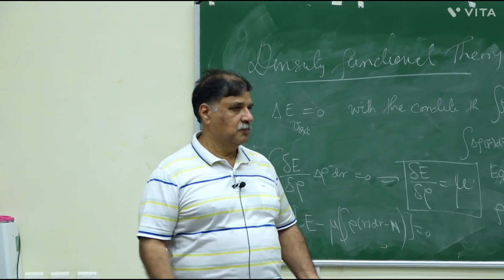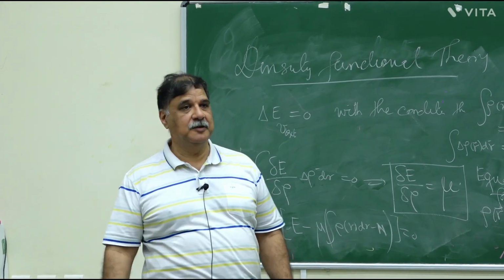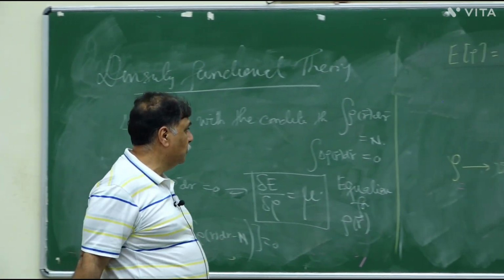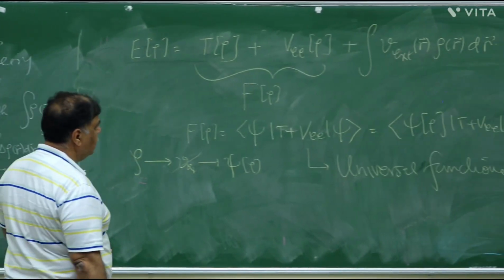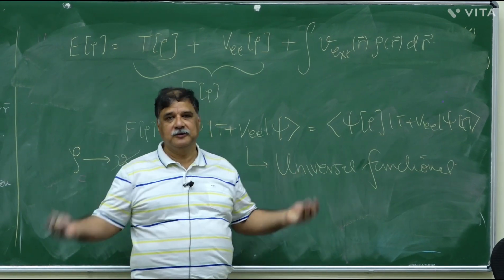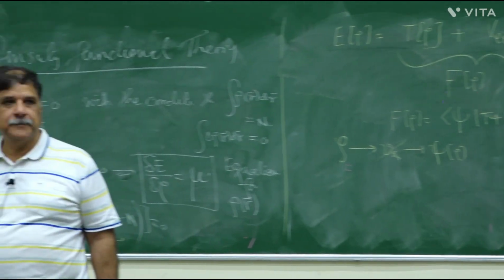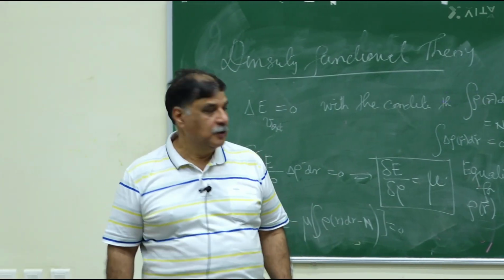This is just like Newton's universal gravitation, right? It's the same for all planets. It doesn't depend on whether you're talking about the sun or the galaxies or whatever. Exactly in the same manner, if I can find it, this is universal, it applies to all the systems. Is the idea clear?